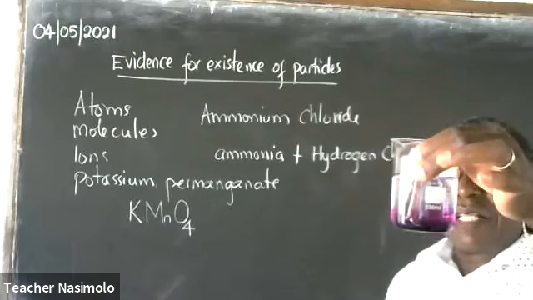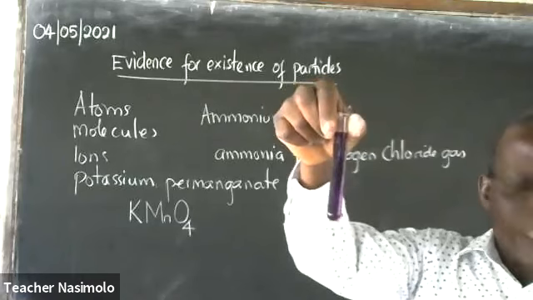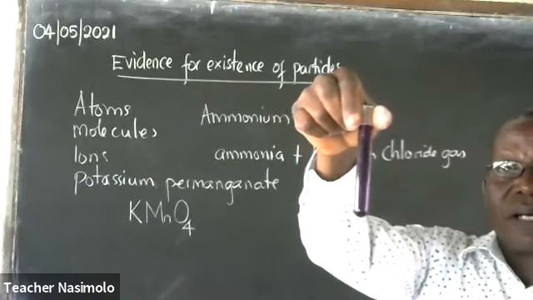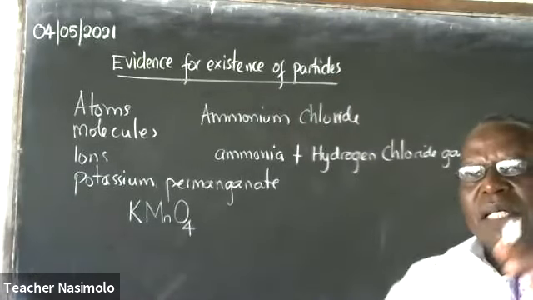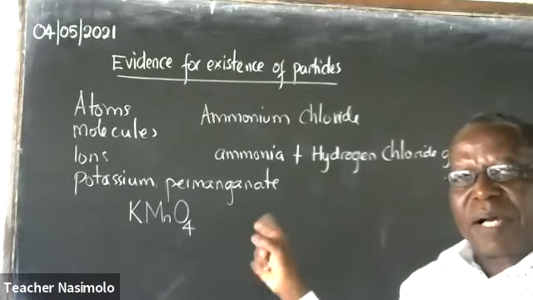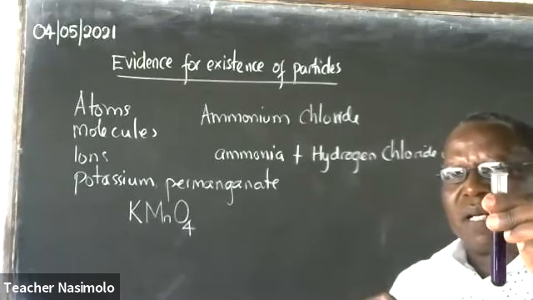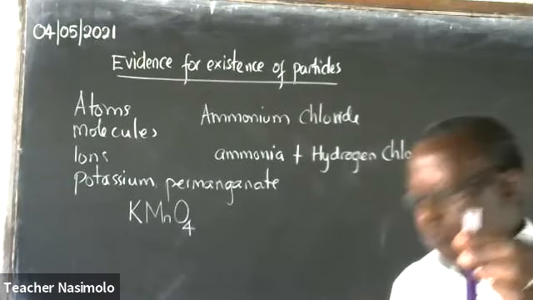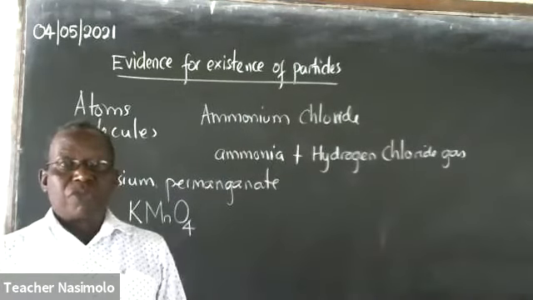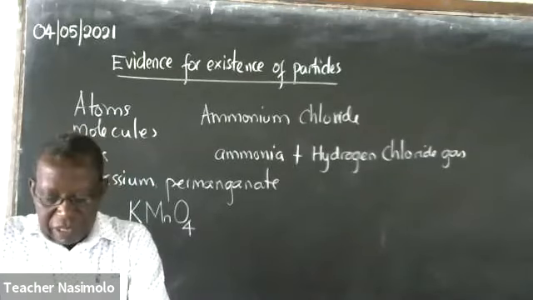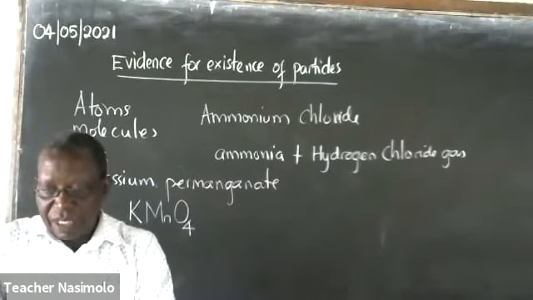Now eventually, the whole of the water in this beaker is going to turn purple, just like you see this solution in this test tube. This means that the particles of the potassium permanganate were able to move from the region where it is more concentrated to regions where it was less concentrated, thereby forming a solution, and the whole water in the beaker became colored, as we shall see at the end of the experiment.